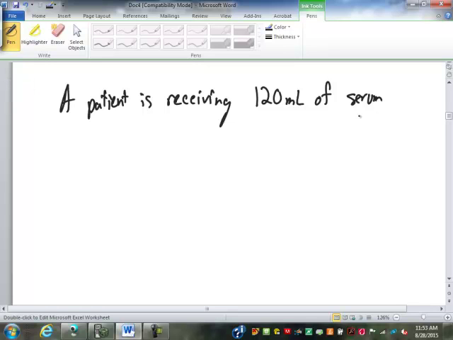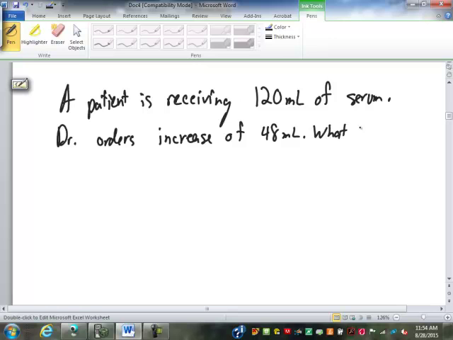That way I don't have to name off drugs that I'm not sure what they are used for. 120 milliliters of a serum, of a drug. Doctor orders the drug to be increased by 48 milliliters. What percent increase is this?